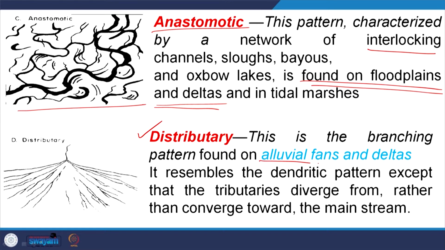It resembles the dendritic pattern except that the tributaries diverge from rather than converge towards the mainstream. The difference is that in a drainage pattern like the dendritic the tributaries converge in the mainstream, but here these distributaries diverge from the mainstream.